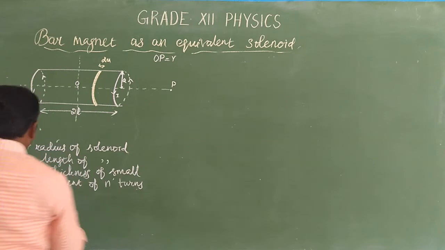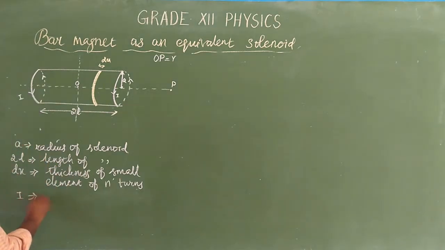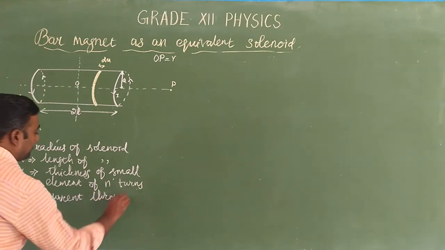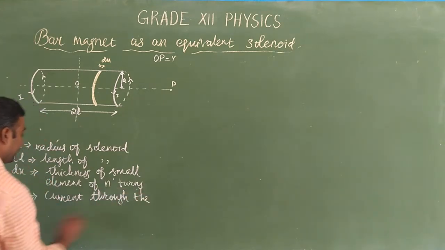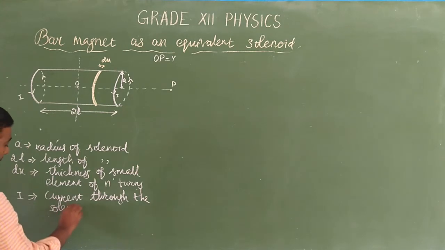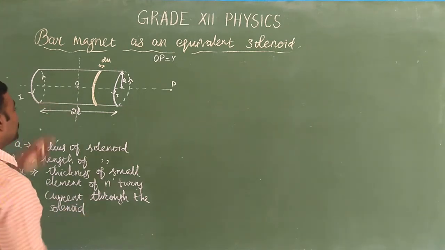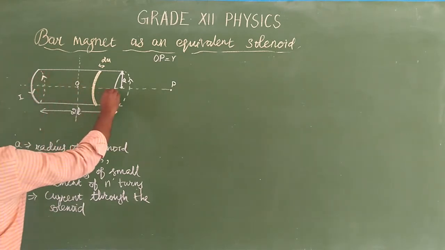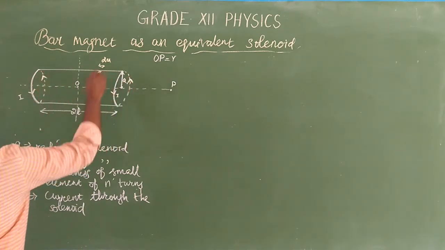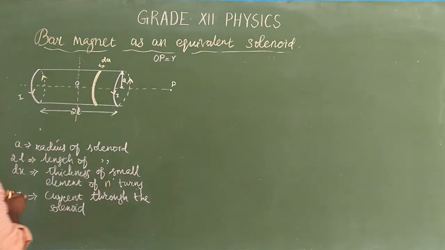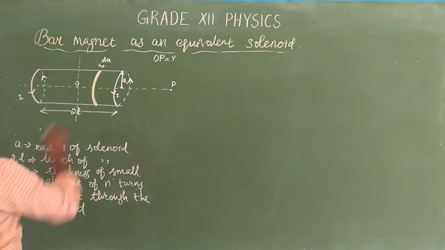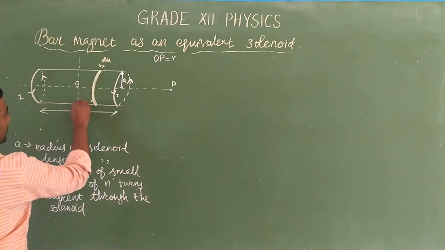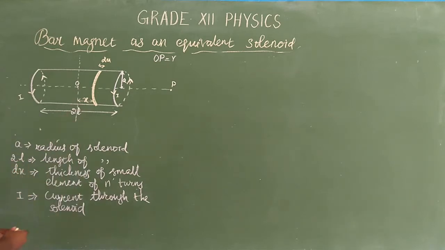Okay, and then I is the current entering through the solenoid. I mentioned the direction of the current inside the solenoid, and this small element is located at a distance x from the center.